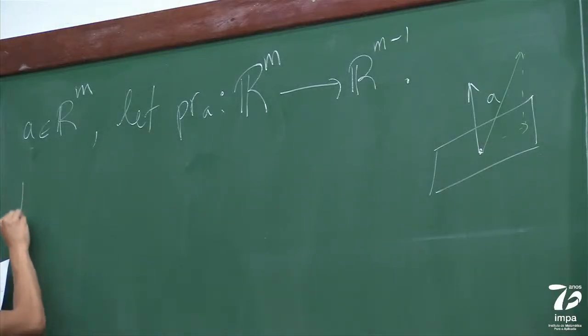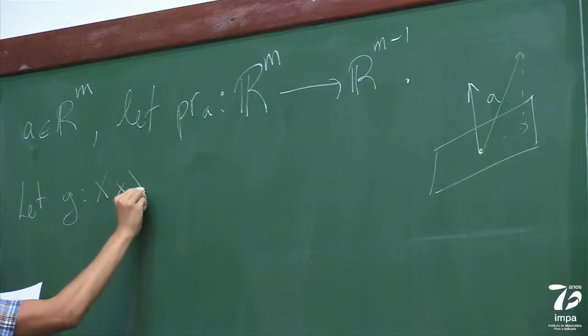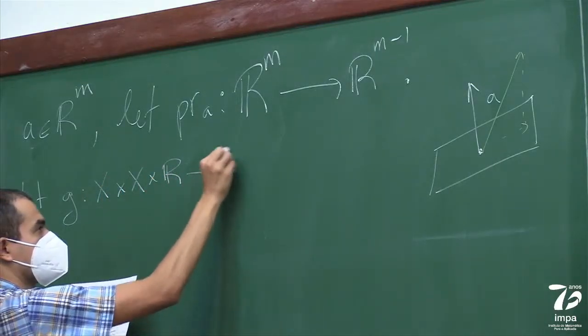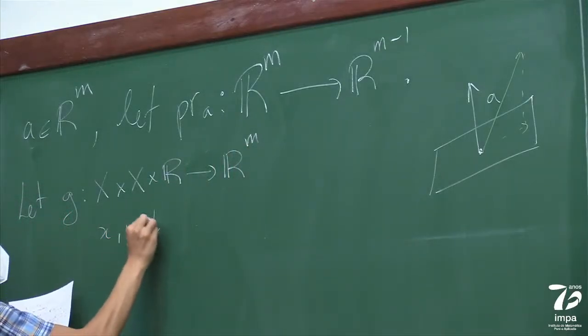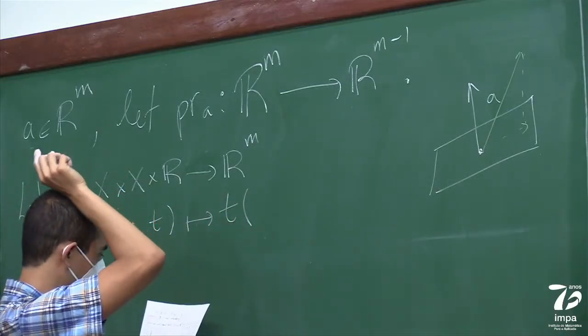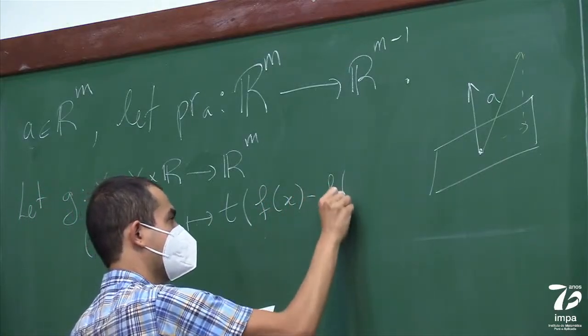And now I'm going to define two functions. I'm going to define G to be the function that takes x, y, and t to t times f of x minus f of y.